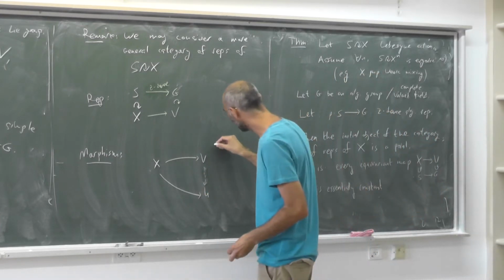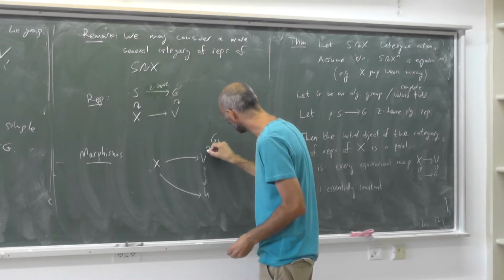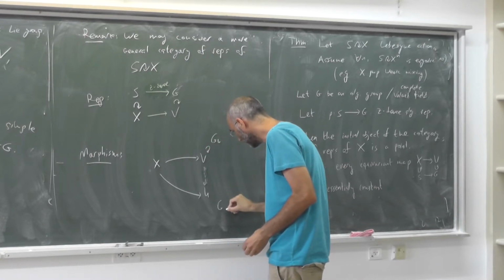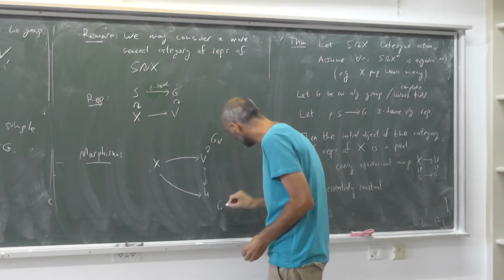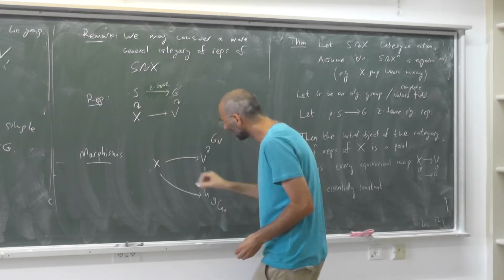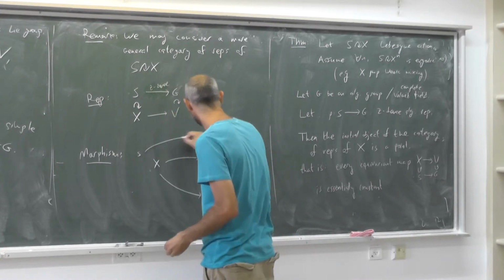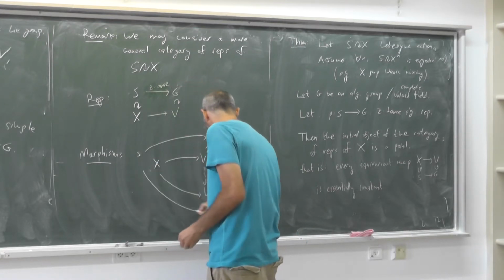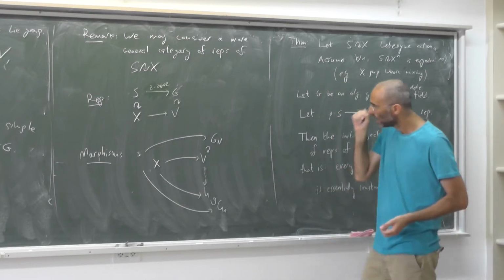But here I will have GU acting on U, GV acting on V, and of course I will have S mapped here, mapped there.